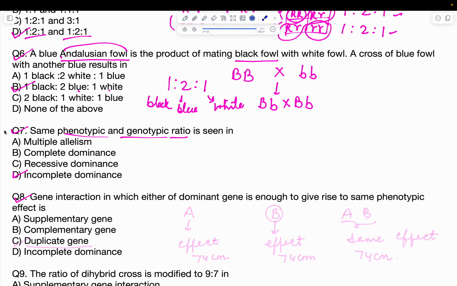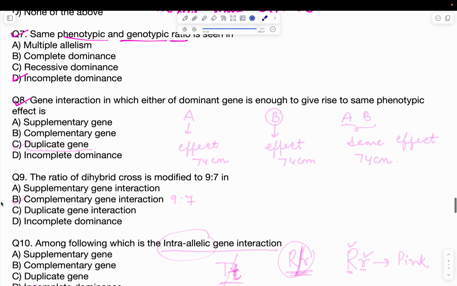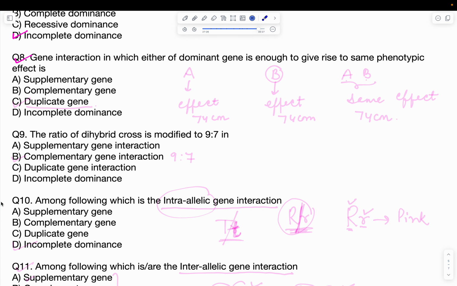Then question 8, the gene interaction in which either dominant gene is enough to give rise to the same phenotypic effect. So that means there's a dominant allele which produces some effect. The other dominant allele, non-allelic interaction, is also producing the same effect, right? And they are enough to give rise to the same phenotype. So this is the case of duplicate genes.